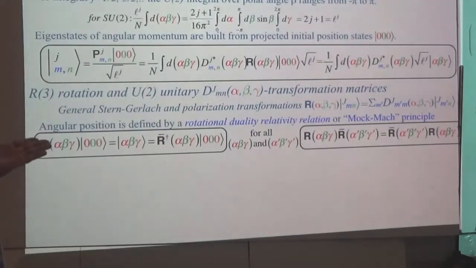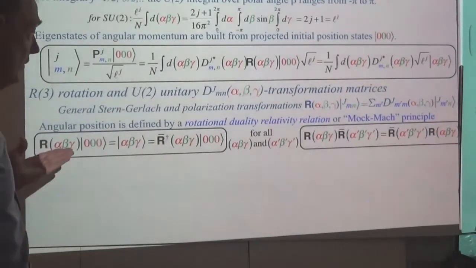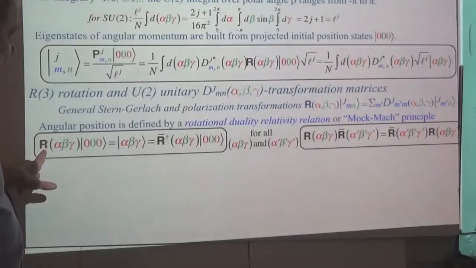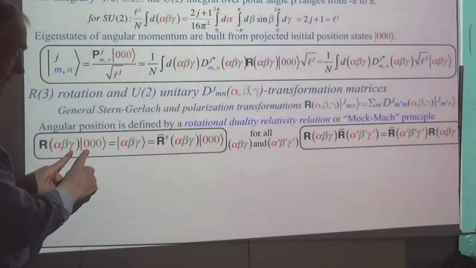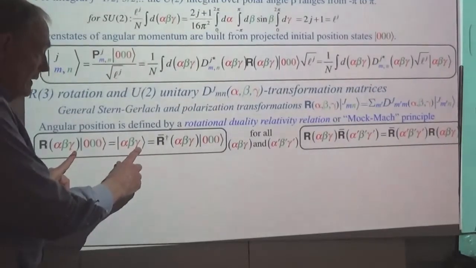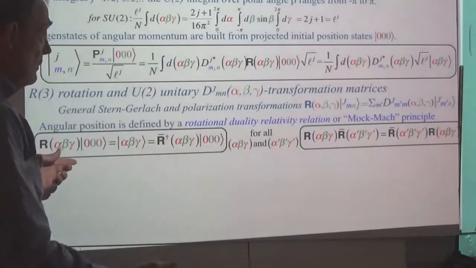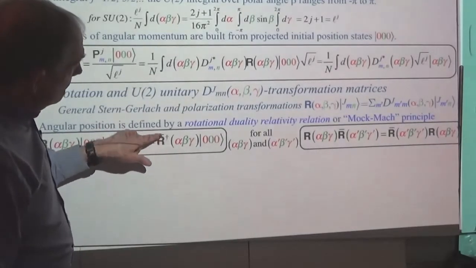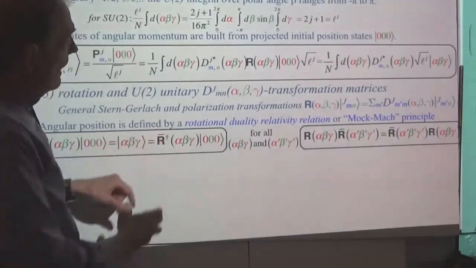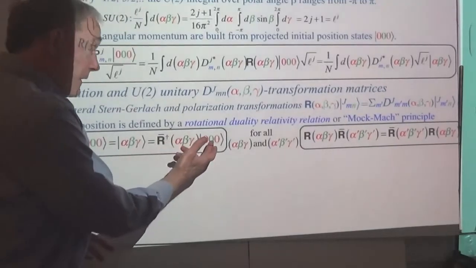But here's the Mach principle. The Mach principle simply says that the rotation that we're used to, that we use in a laboratory, that gives us the alpha, beta, gamma position state, is equal to the inverse of the body's operator, alpha, beta, gamma, operating on the same state.